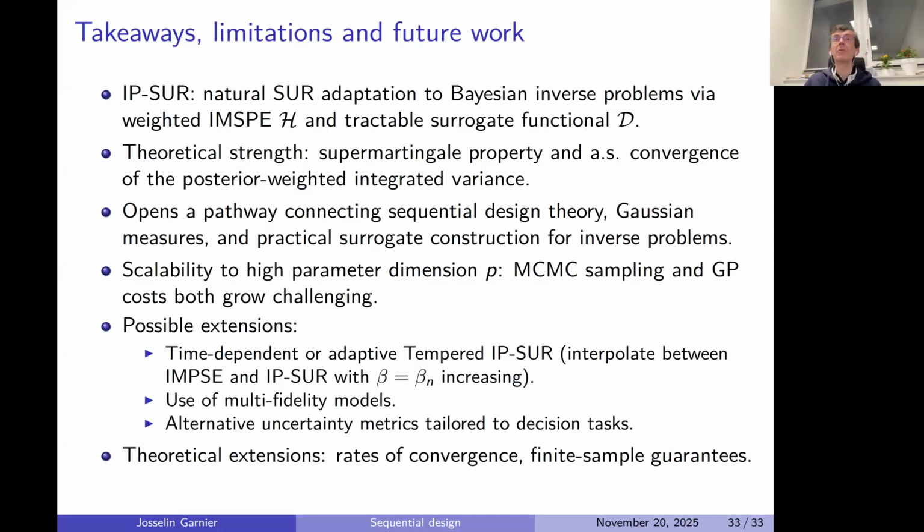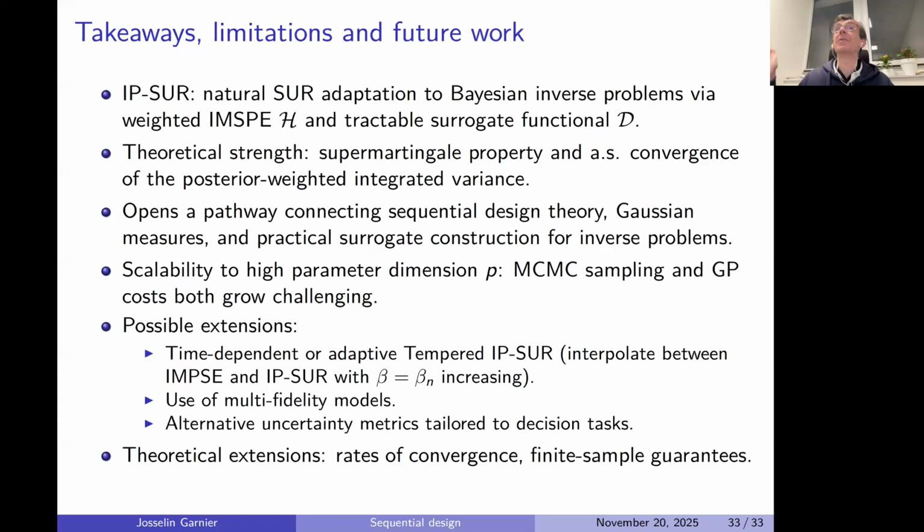You try to reduce the uncertainty a little bit everywhere, and then you increase beta progressively to focus more and more on the posterior density. Again, in the examples we had here, we discovered that taking beta equal 1 right from the beginning has always turned out to be the best strategy.